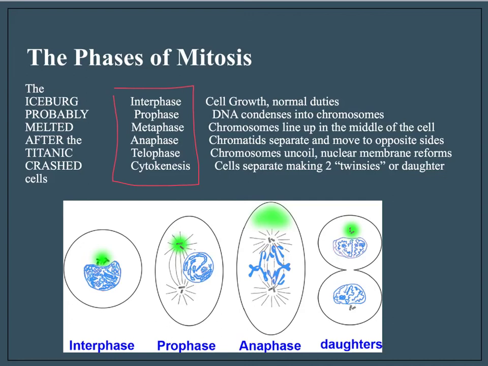Interphase: the cell goes about its growth and normal duties. Test alert, you need to know that. The next phase is called prophase, then metaphase, anaphase, telophase, and cytokinesis. I am going to show you some hand motions when I see you, and they actually are pretty helpful. But right now I want to draw the different phases, and I want you to draw them next to them.